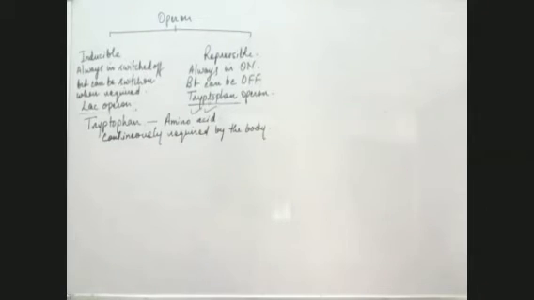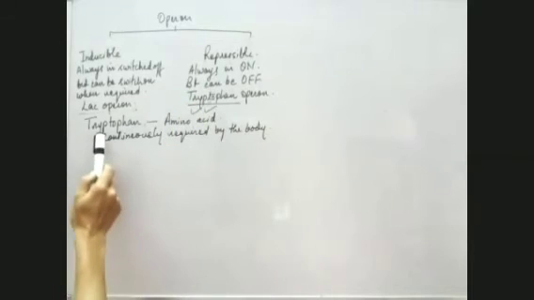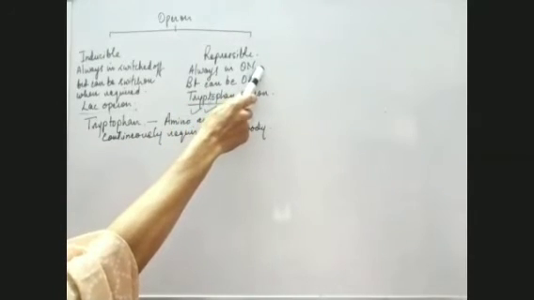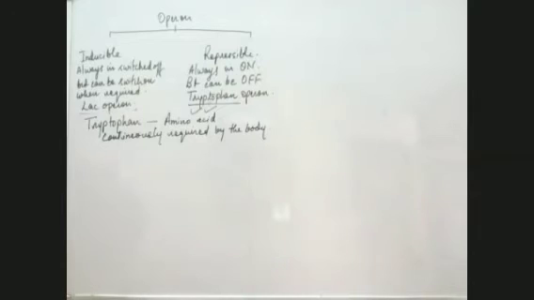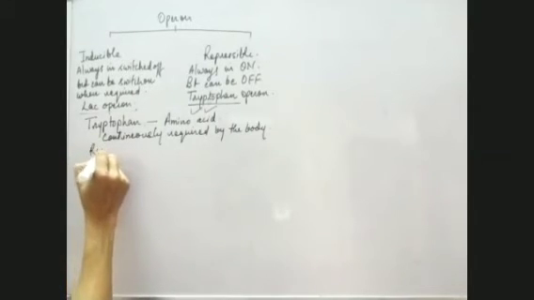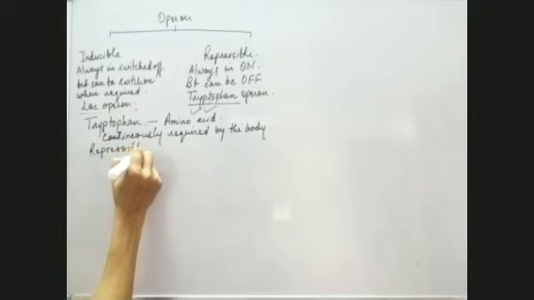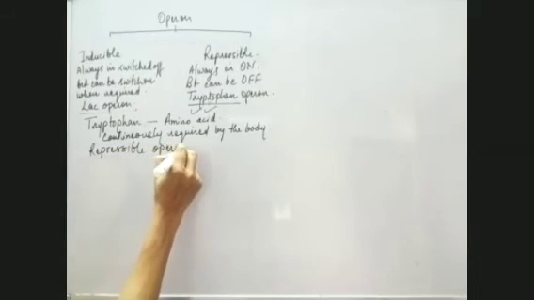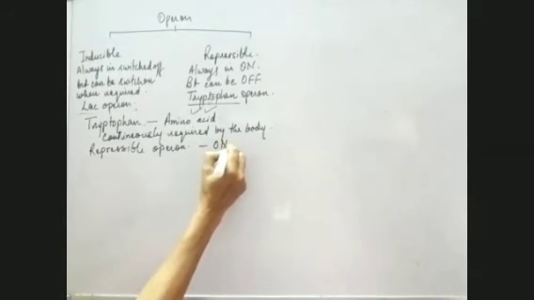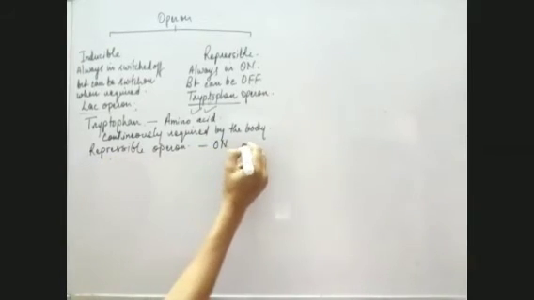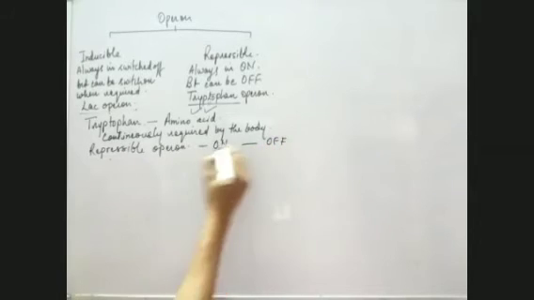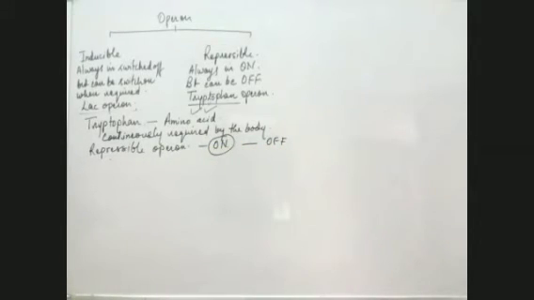That means all the time it has to be formed. And that is why the operon involved in the formation of tryptophan is always in switched on condition, but can be switched off when the body has sufficient tryptophan. That means this tryptophan operon is a repressible operon. It is always in on condition, and whenever we want, we can switch it off.